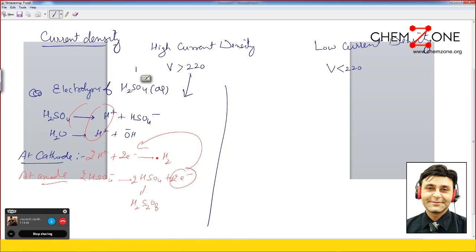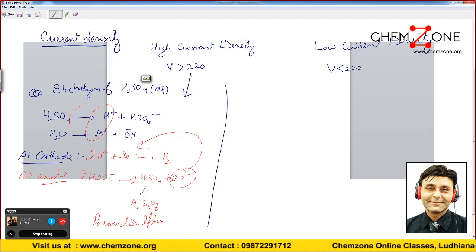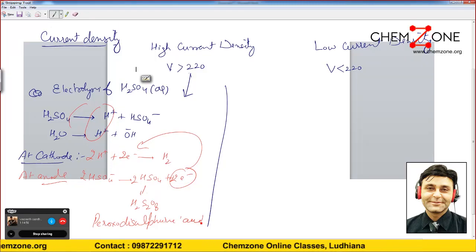And this compound is called peroxodisulfuric acid. Now let's talk about the low current density.